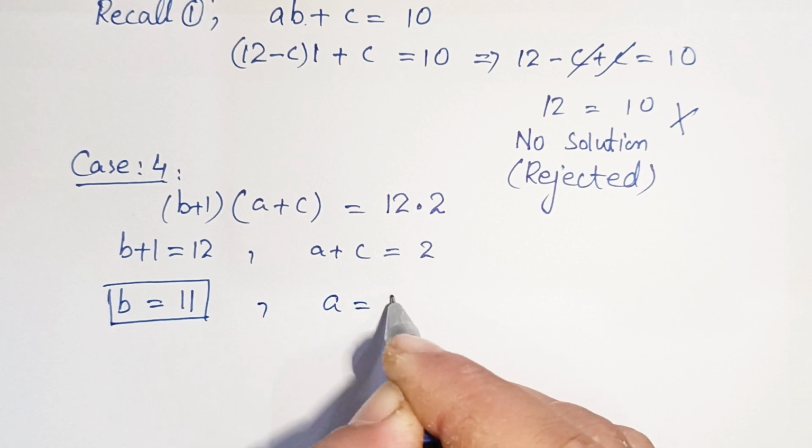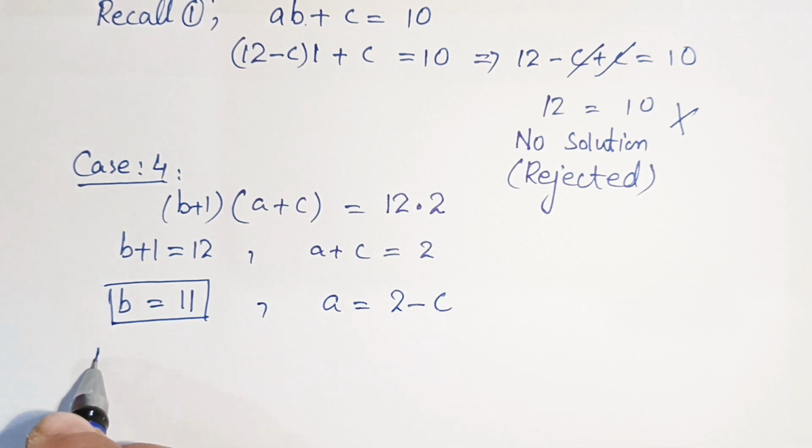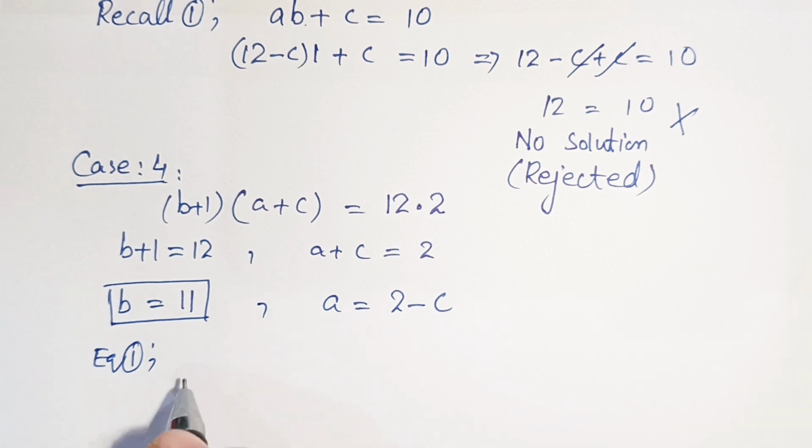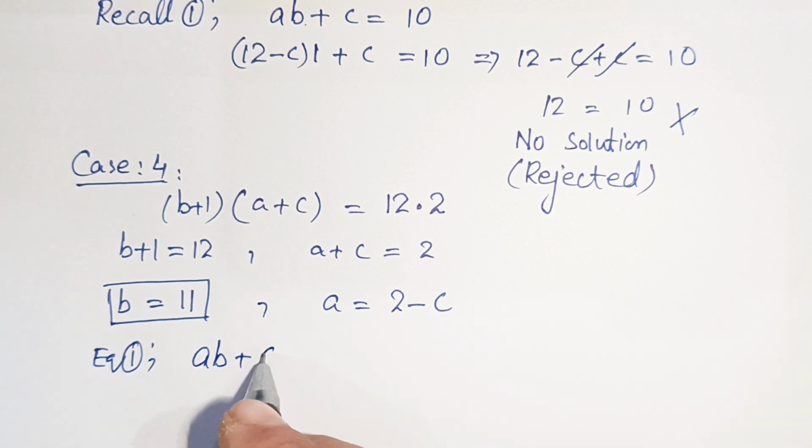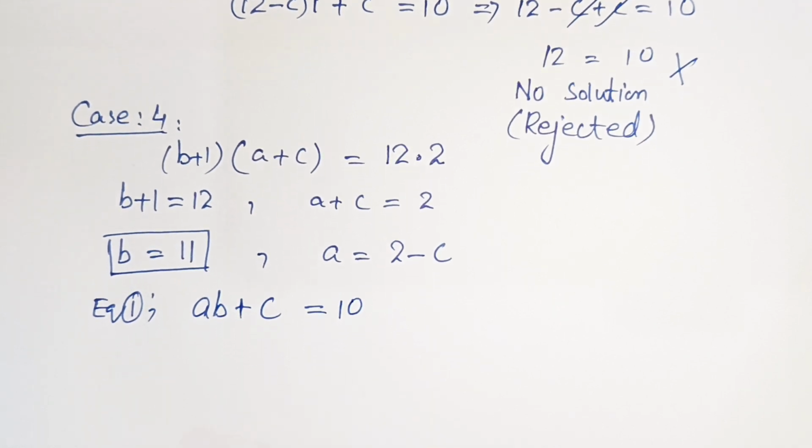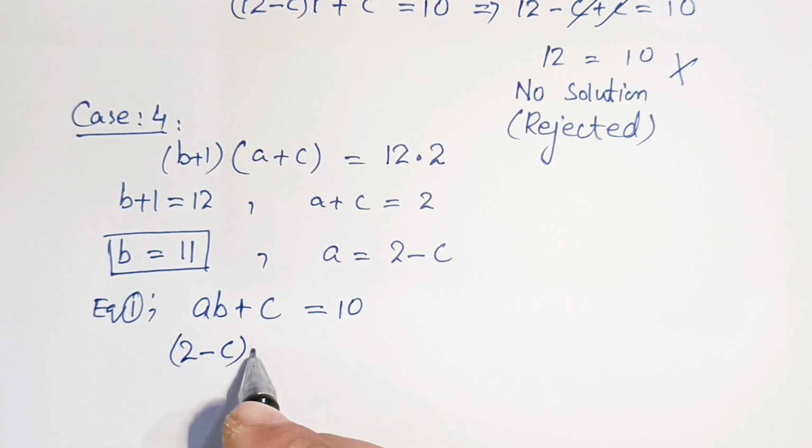Now a = 2 − c. Again recalling our equation 1, equation 1 is ab + c = 10. Here the value of a is 2 − c, putting the value of a, and similarly the value of b is 11, plus c is equal to 10.